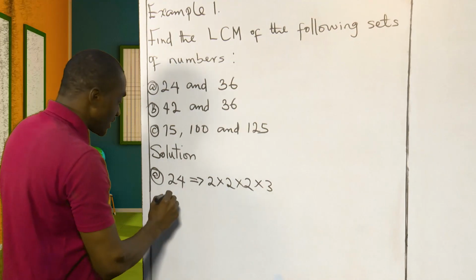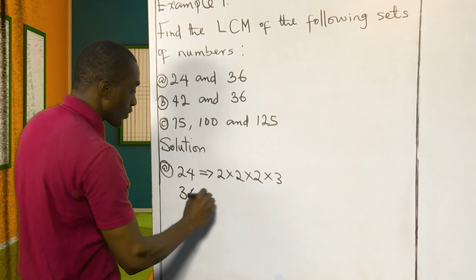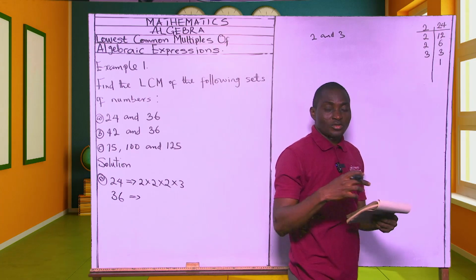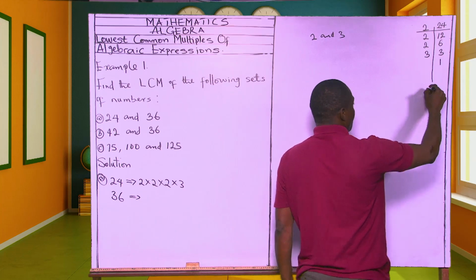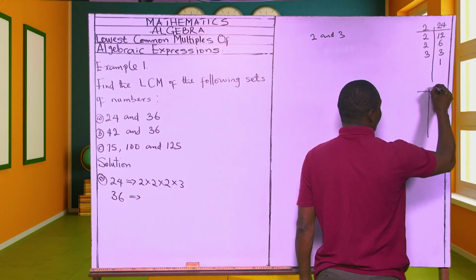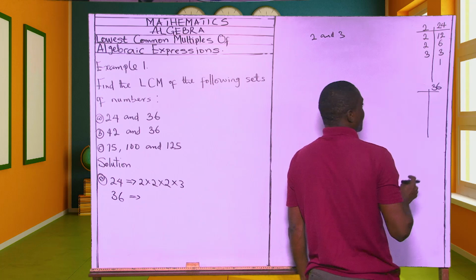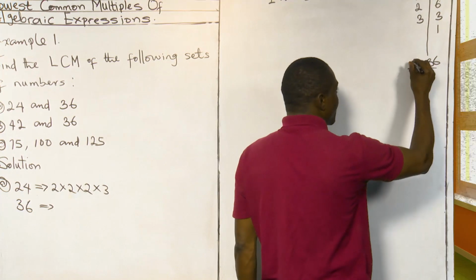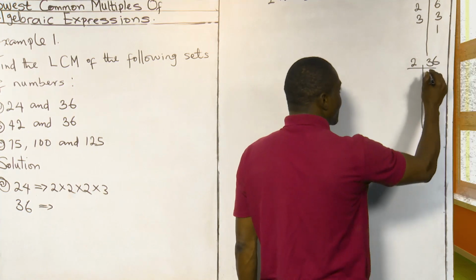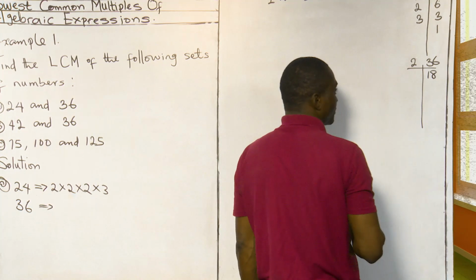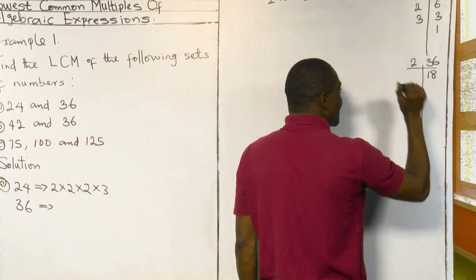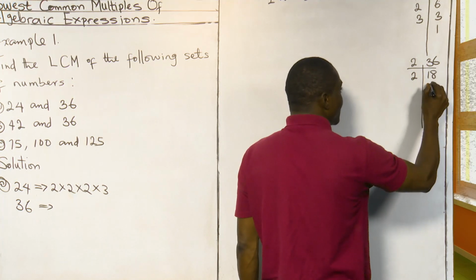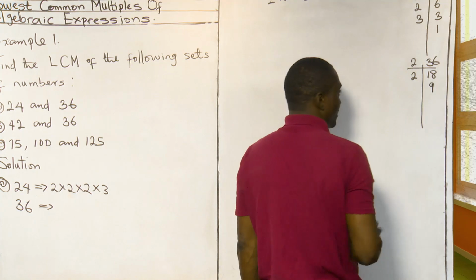Now let's move to 36. We want to find the product of prime factors of 36. The least prime factor of 36 is 2. 2 in 36 will give 18. The least prime factor of 18 is 2. 2 in 18 will give us 9.